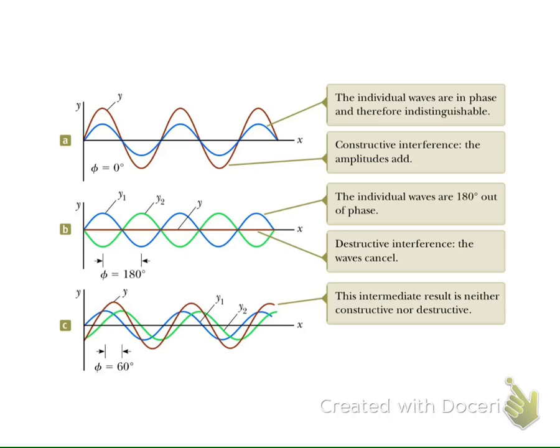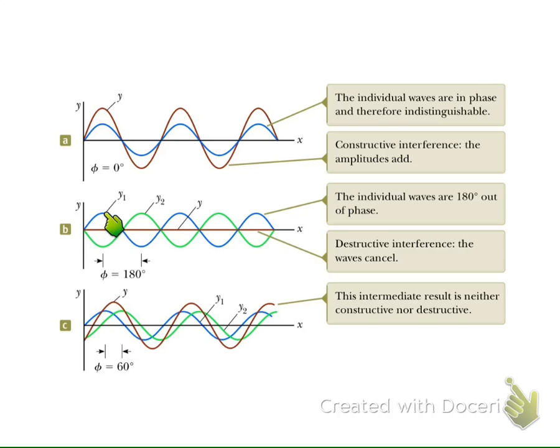You can see that since the phase difference of these two waves is pi or 180 degrees, when the displacement from the first wave goes up like this, the displacement from the second wave goes down. And when the displacement of the second wave goes up, the displacement from the first wave goes down.